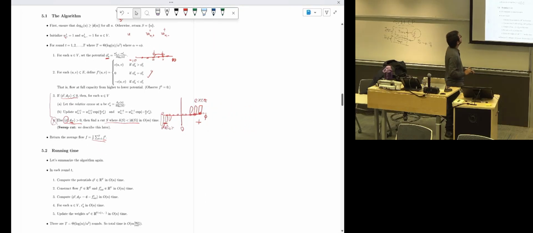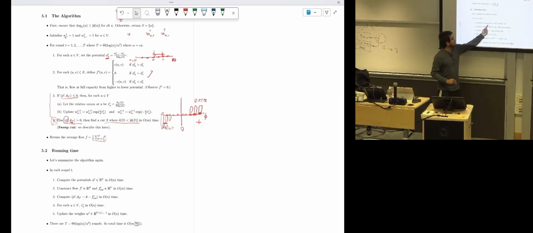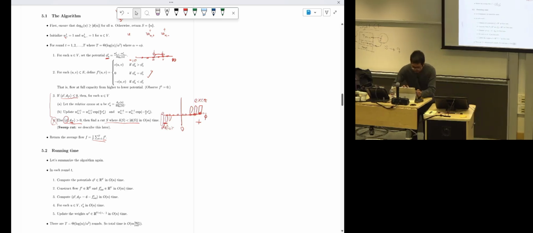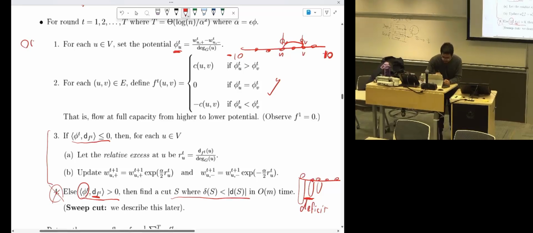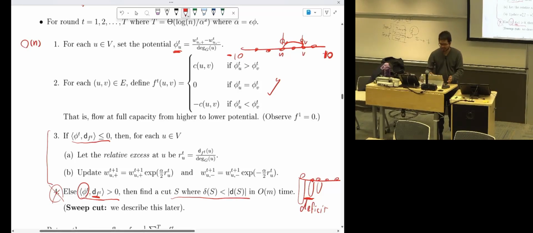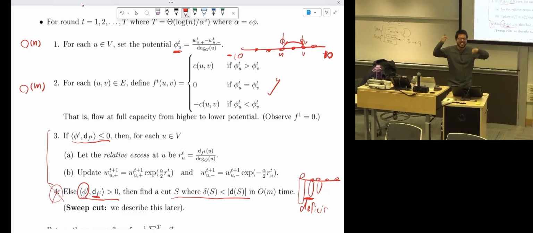Let's analyze the running time. You can summarize the algorithm again. I first compute the potential. That just takes O(n) time. Then this step just takes O(m). It's really simple: look at each edge and see which one has higher potential.